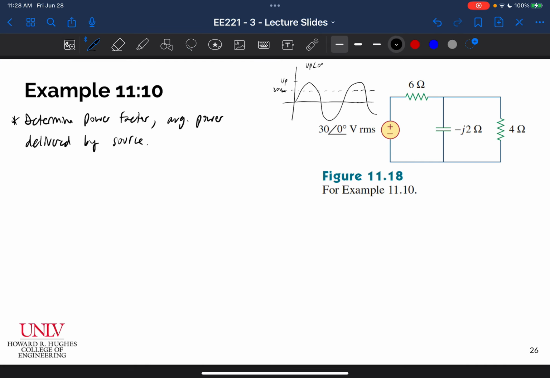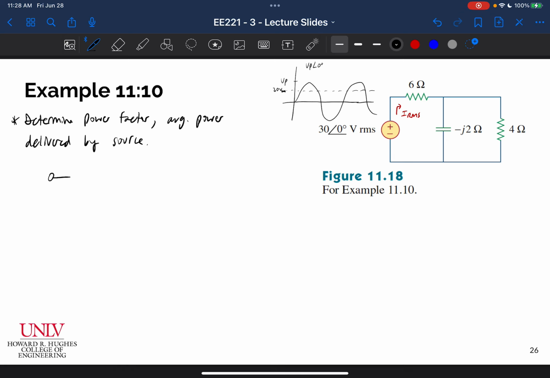To characterize the circuit, we need to figure out the current I RMS that's leaving the source. The best way to do that is to find an equivalent for this impedance, which is a capacitor with two resistors.